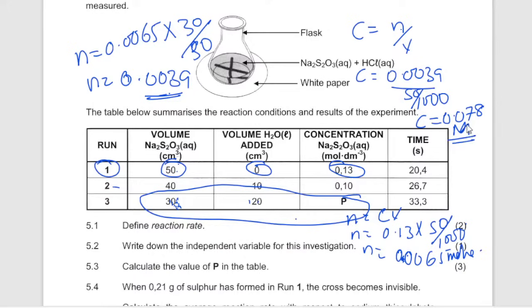So this will be this. And this also shows you that if you had got a bigger answer here, then your answer is wrong. So that's why this answer is supposed to be in that direction. That's how you're supposed to calculate.